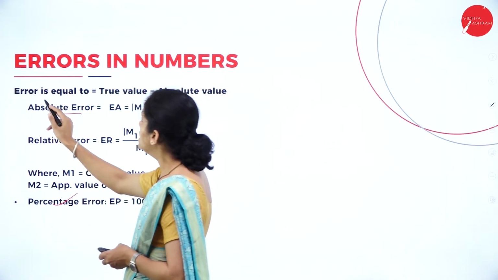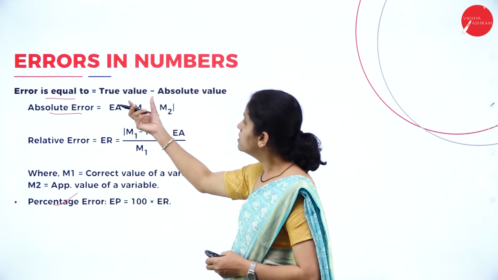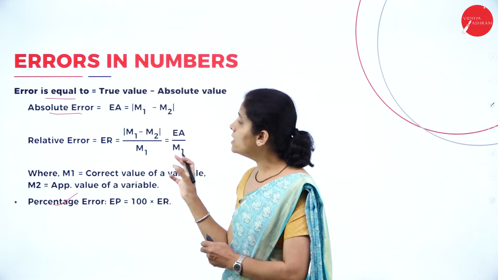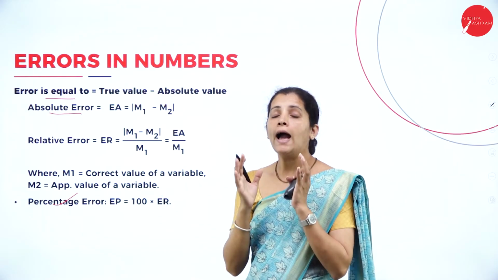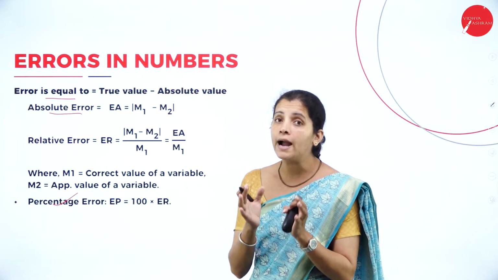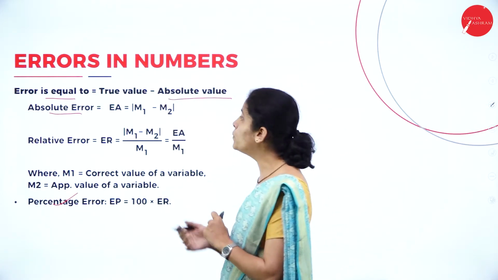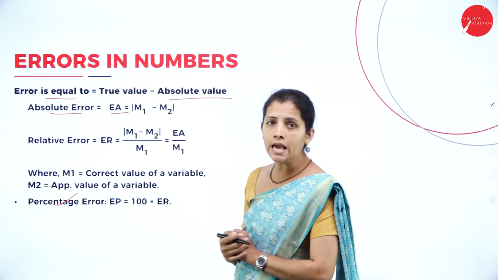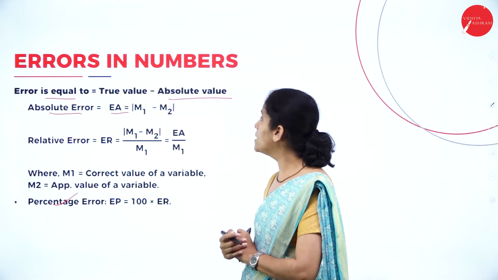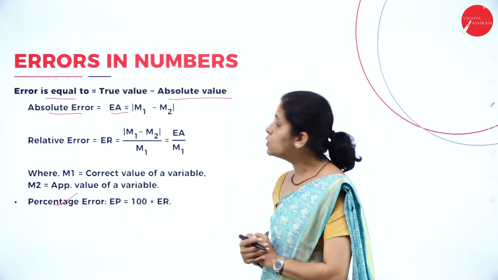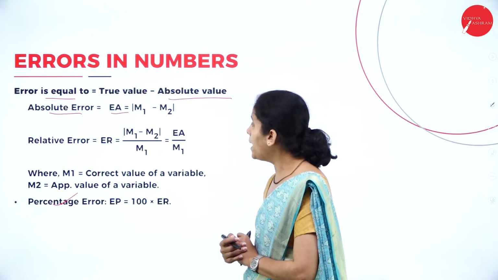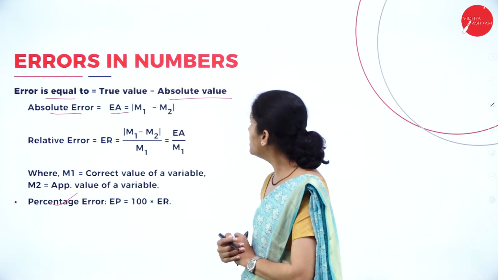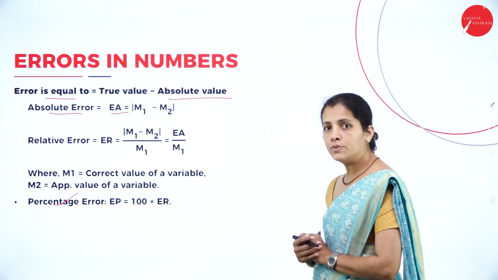Absolute error EA equals M1 minus M2, where M1 is the true value and M2 is the approximate value.